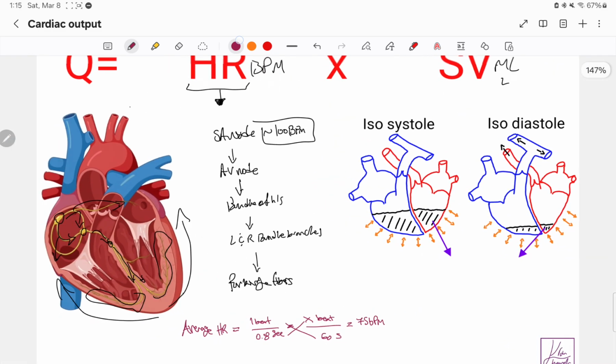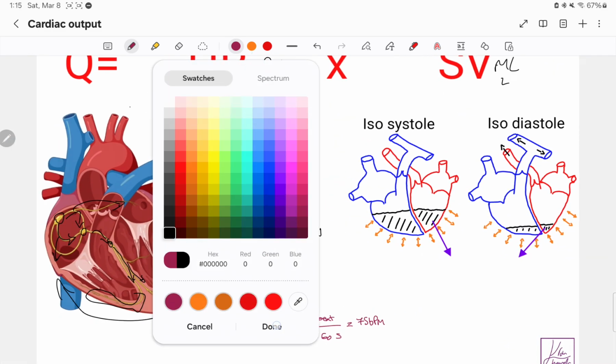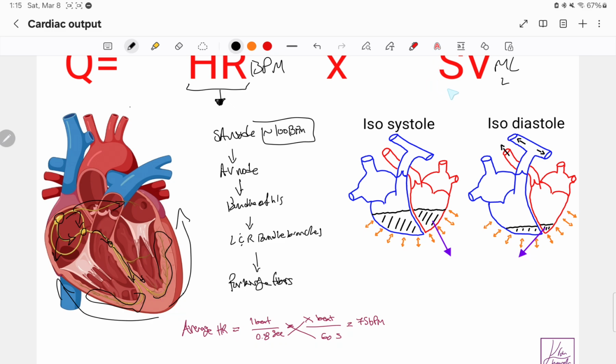Now let's look at the stroke volume. Where is it coming from, and how do we get the number for that? So if you guys remember in the cardiac cycle video, I've mentioned this a couple times, but in the isovolumetric systole and the isovolumetric diastole phases, we get values that are going to determine our stroke volume. Because all your stroke volume is just going to be involving something known as the EDV and the ESV.